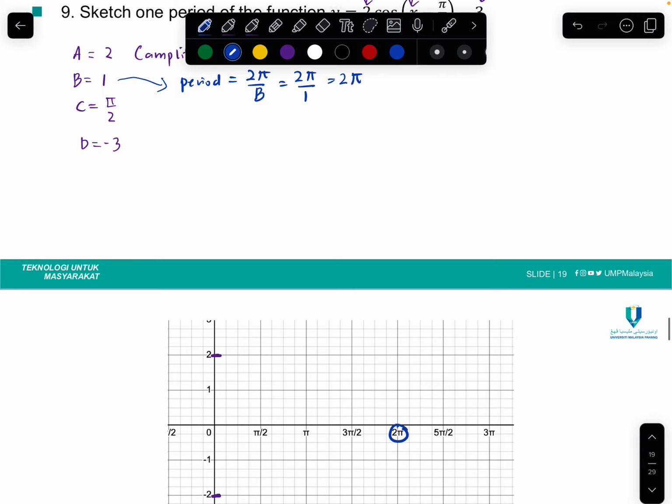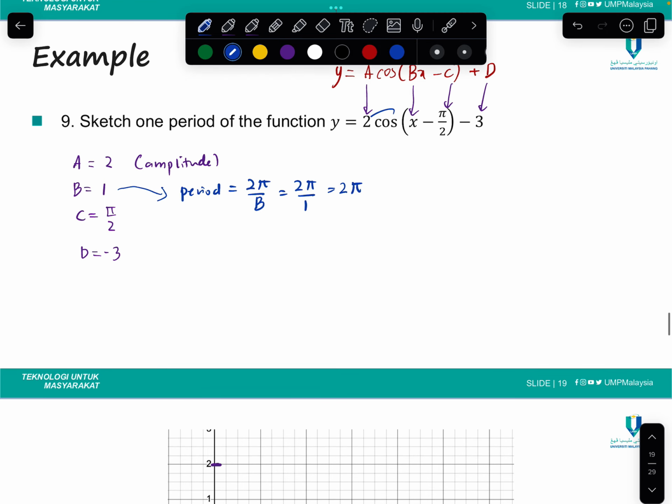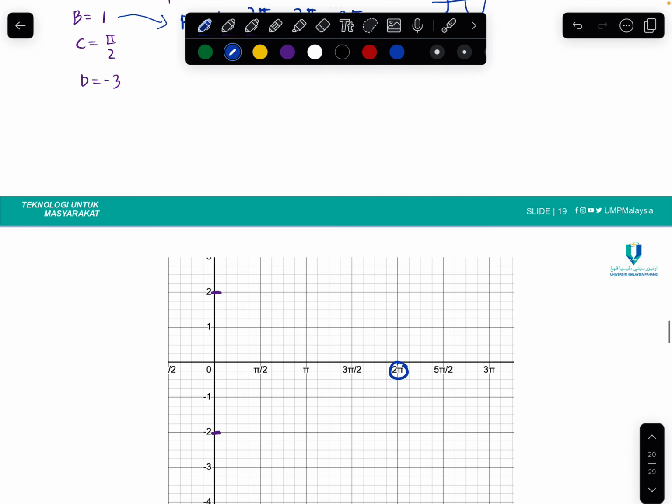We want to draw the graph of cos. Remember the graph of cos is like a ball within this interval. The maximum value here, and here the minimum. So in the middle it will become like this.